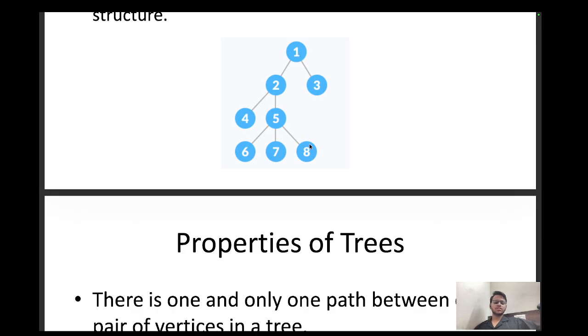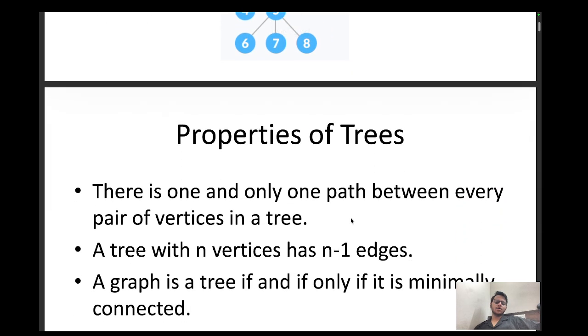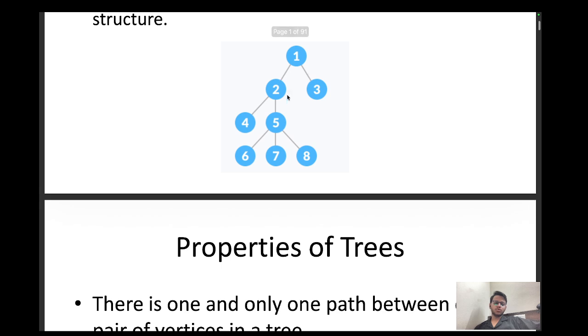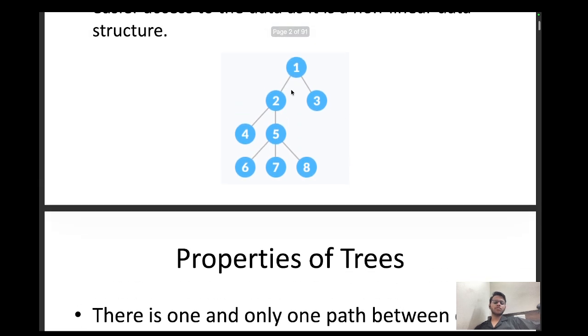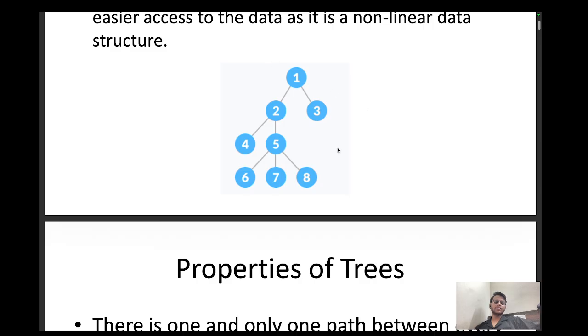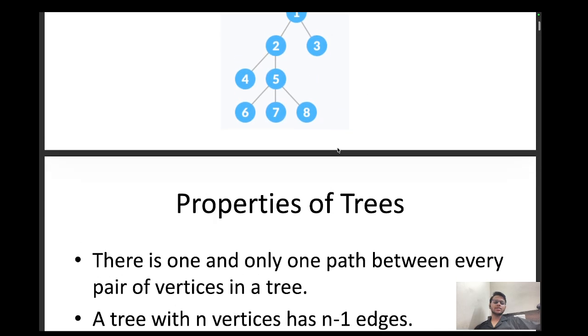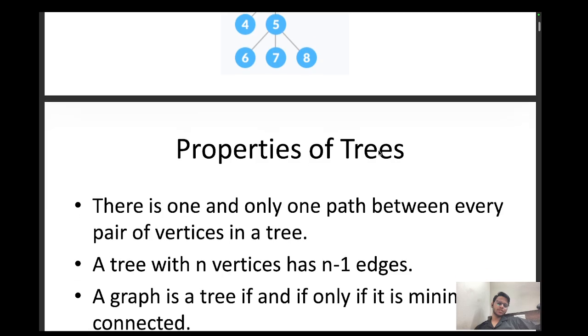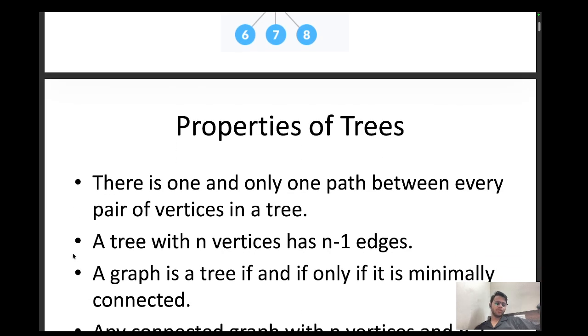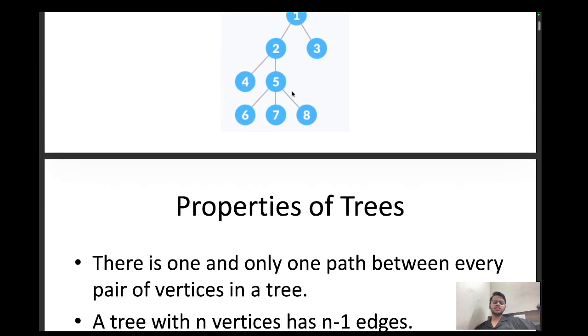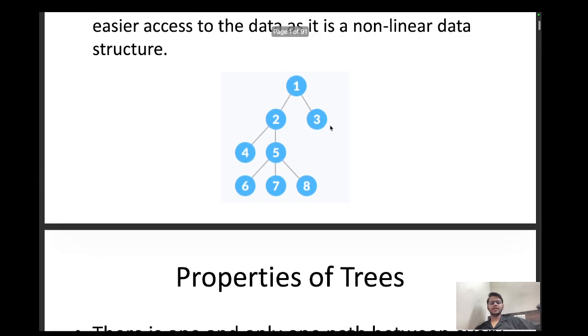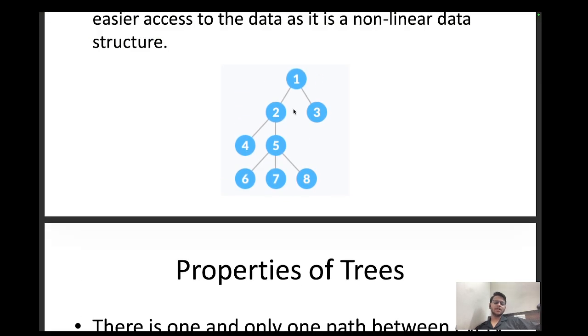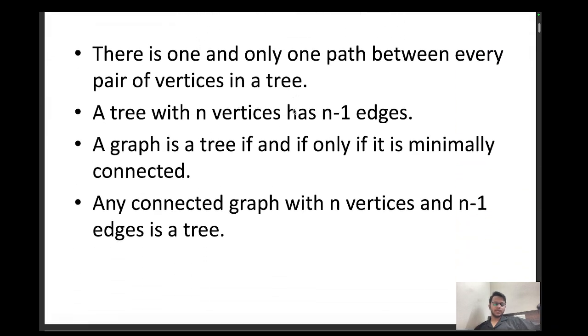There are 8 nodes in this diagram, and let us see the number of edges: 1, 2, 3, 4, 5, 6, and 7. So the number of nodes or vertices is 8, and the number of edges is n minus 1, that is 7. So this is again a valid point, and it satisfies the diagram we have taken.